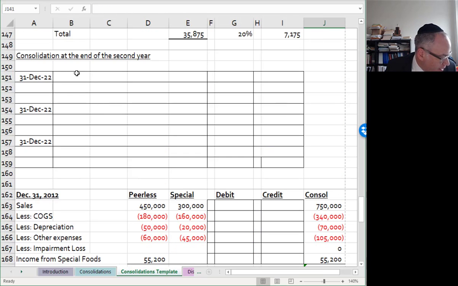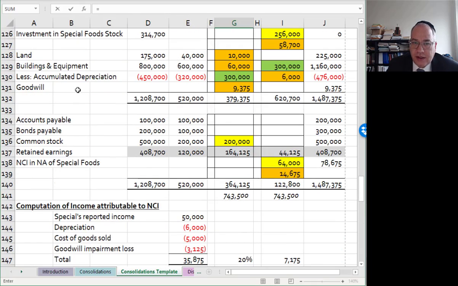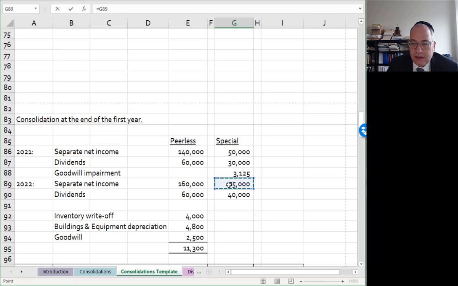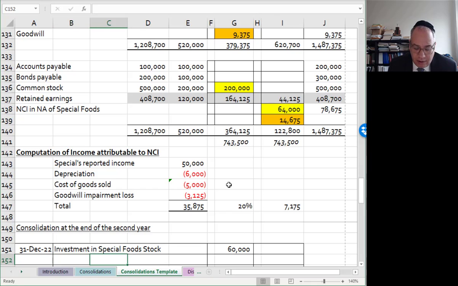Next, another year goes by, and we're going to have consolidation at the end of the second year. Again, I'm going to debit investment in Special Foods stock for the income, in this case $75,000 times 80%, and credit income from Special Foods $60,000.